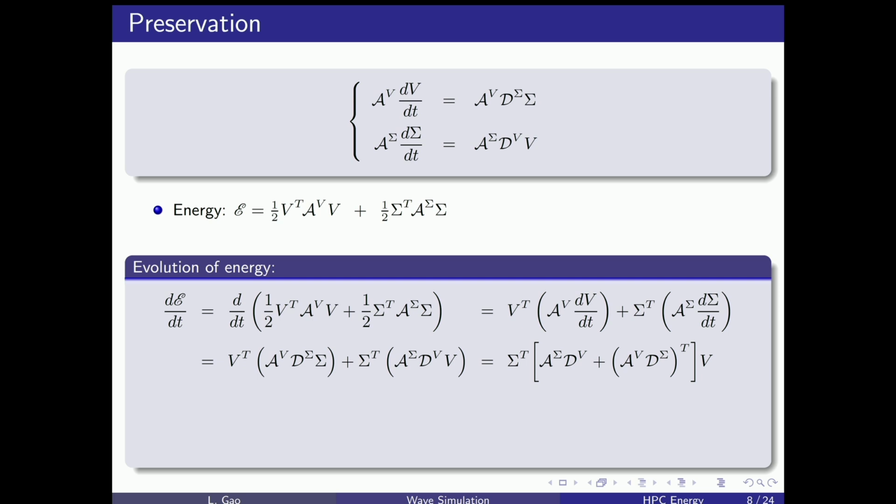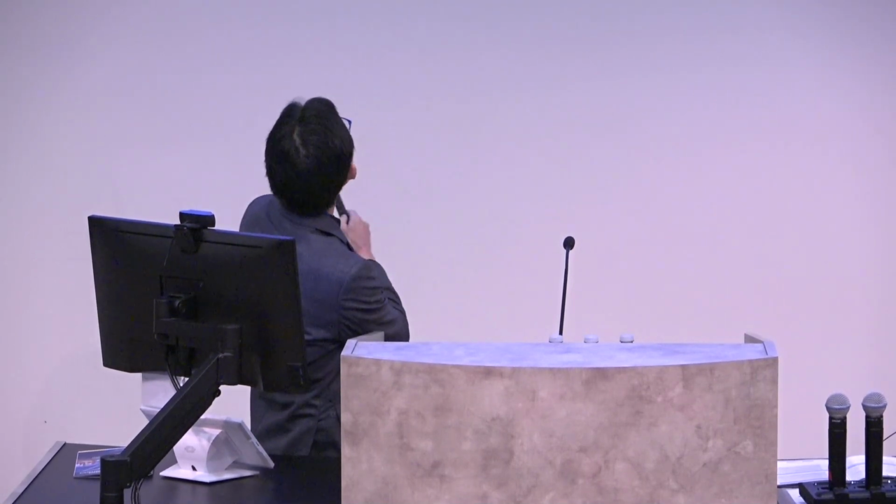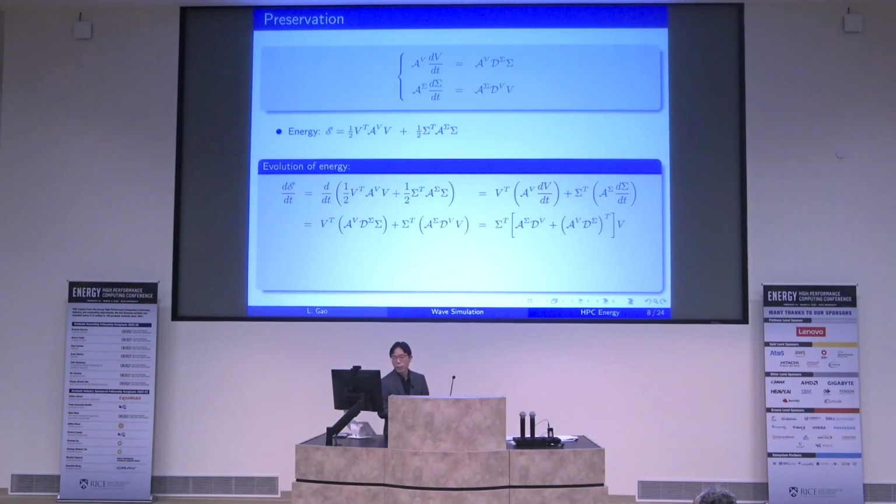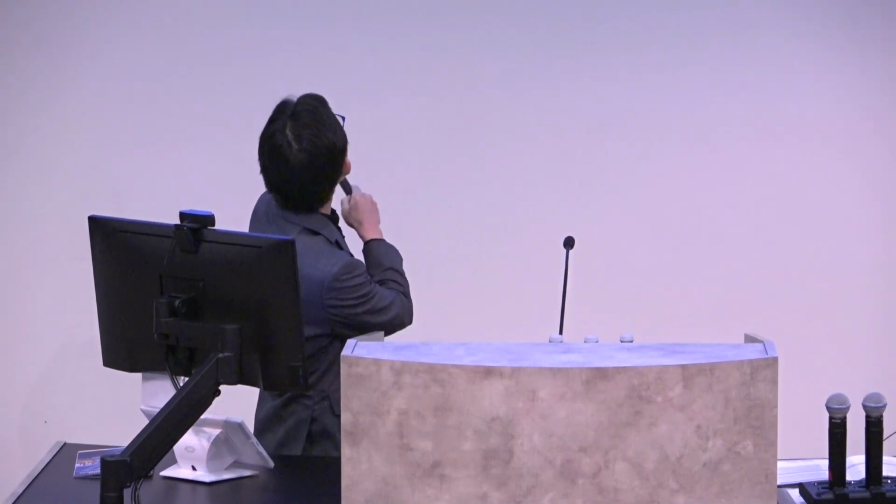So here I'm writing out the discretized system almost as a term-by-term correspondence to the continuous case. I have energy that is defined very similar to the continuous case, except that I'm replacing the integral operator with a norm matrix that essentially defines my energy estimate. You do the same maneuver.